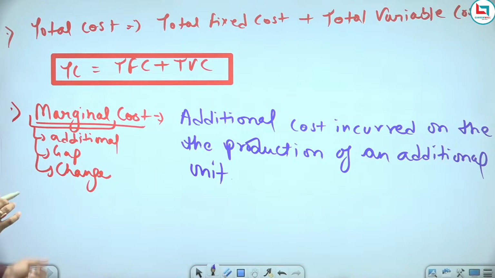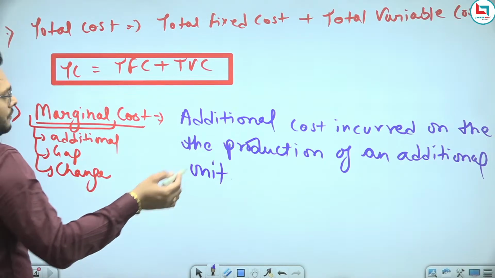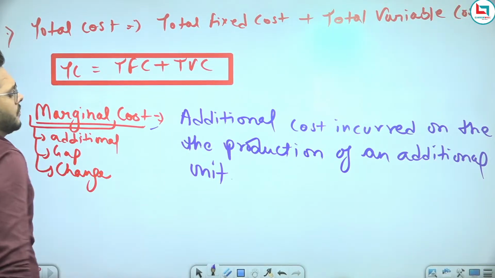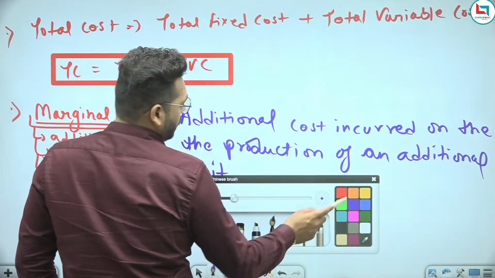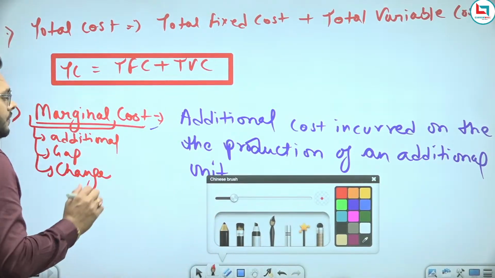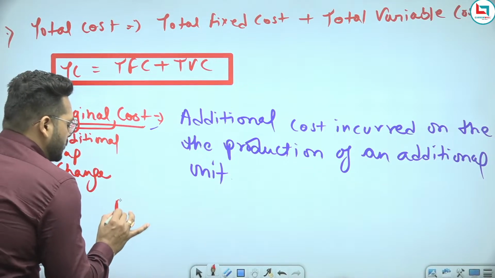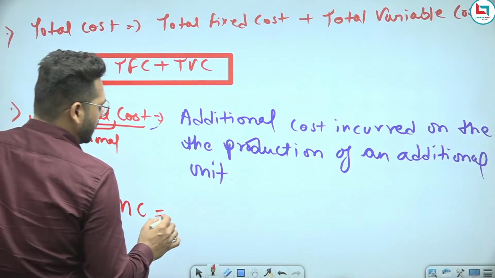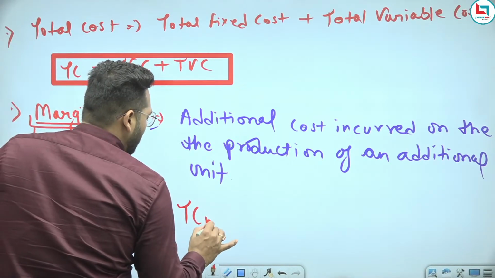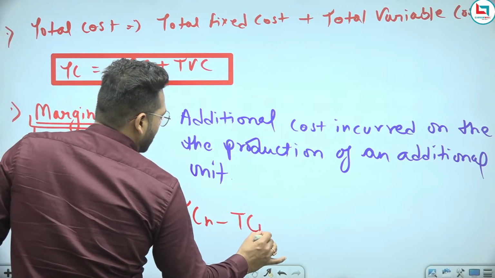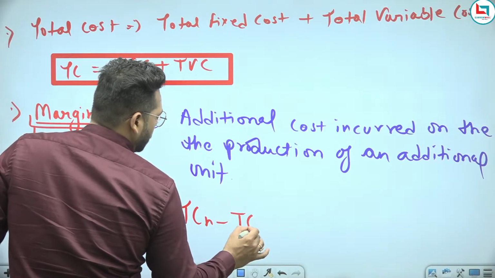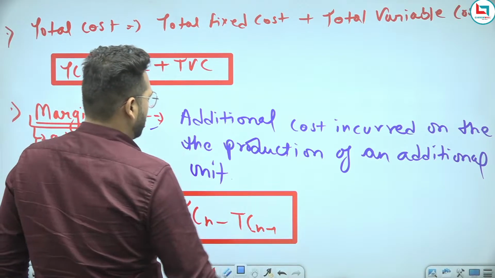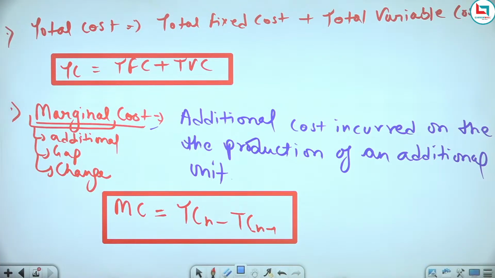So here you need to understand one thing: how you could find the formula of marginal cost. MC means marginal cost. How do you find that formula? We have applied this formula, TCN minus TCN minus 1.